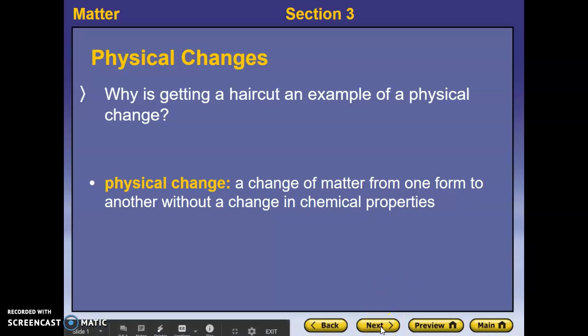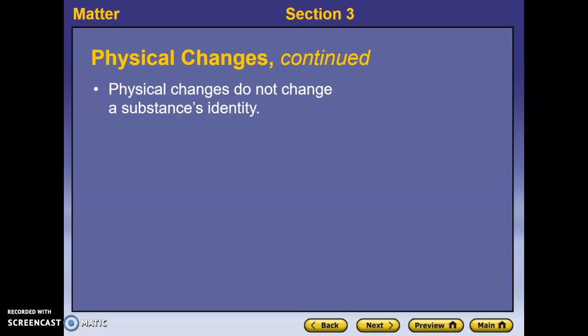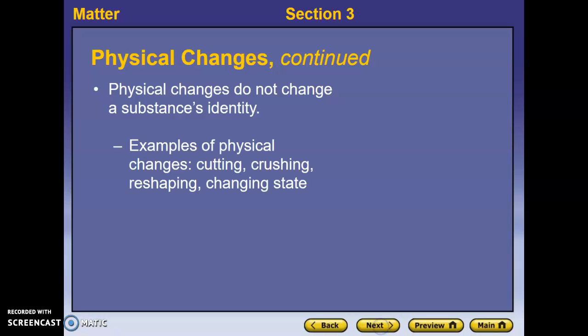In other words, we haven't changed what the substance is. So its identity is still the same. It may appear a little different. It may even change its state from one form to another, but it isn't changing its identity.